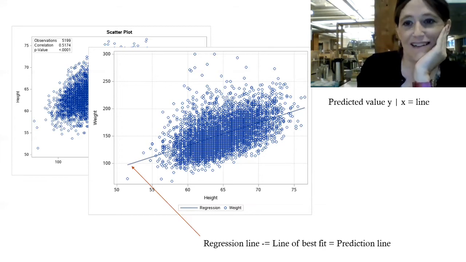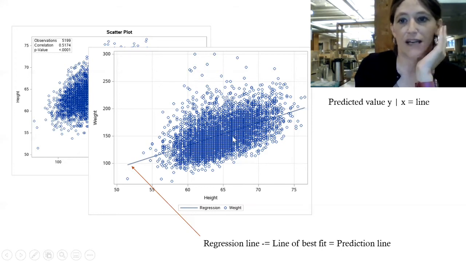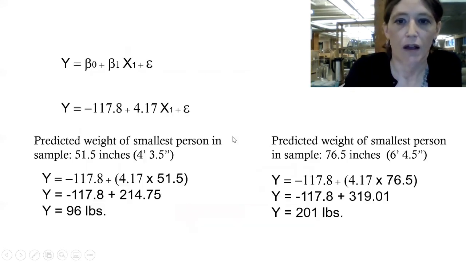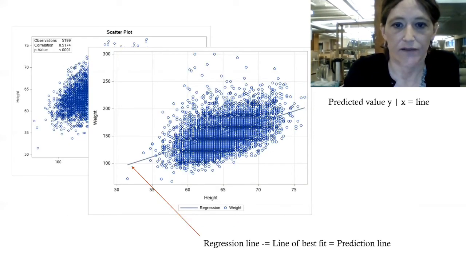So it did an okay job. This linear model is a fairly good simplification of what's happening, and it didn't do a horrible job of predicting the weight of this person just knowing their height. So it's a fairly good representation of the data. And it was also statistically significant.